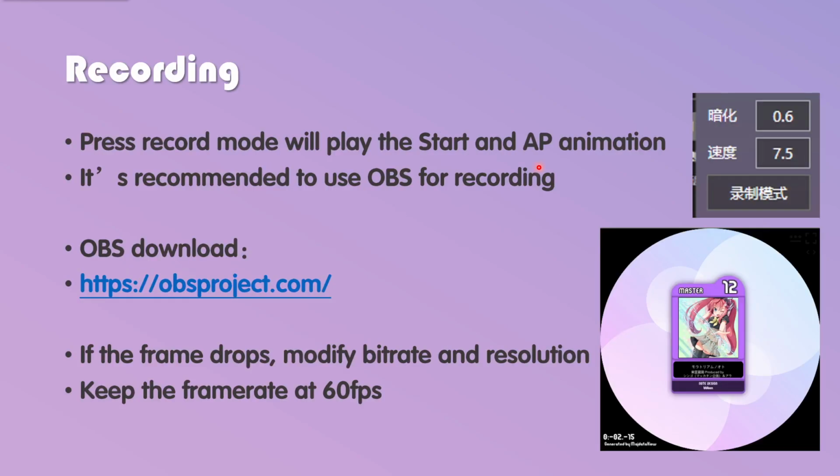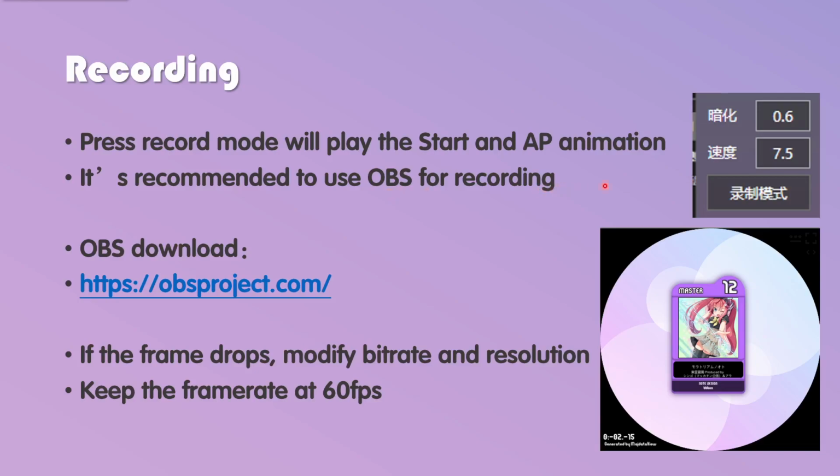The last thing is recording. I recommend you use OBS for recording, because the sound is not from the window that renders the graphics. So if you use OBS and record your system sound, it is okay.